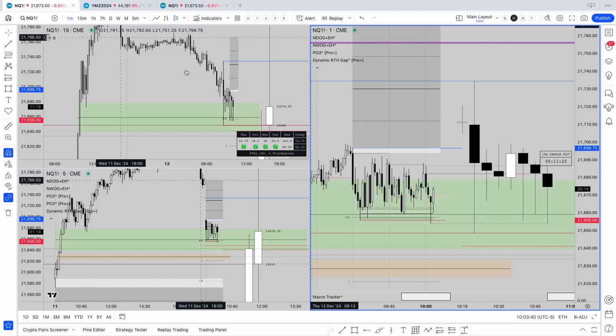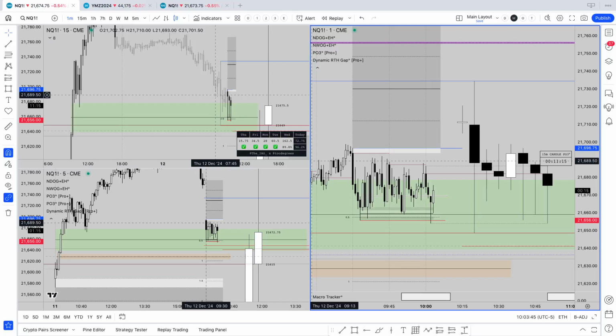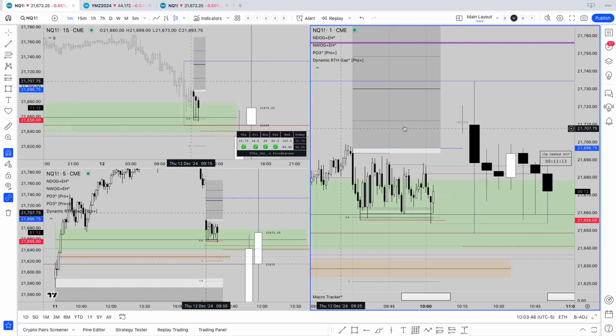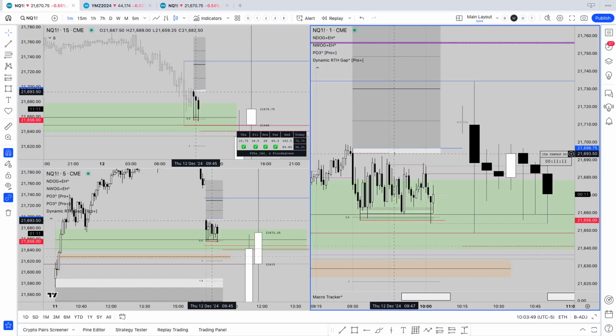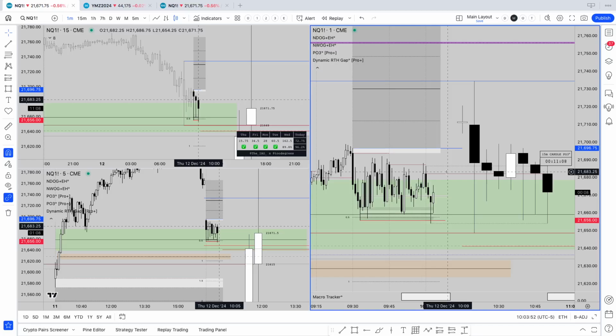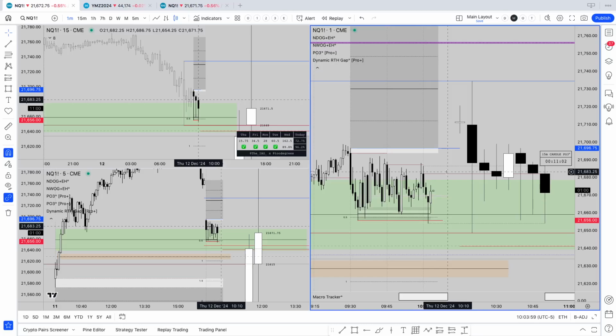For me, time distortion is when the market is not allowed to move and generates a consolidation. So it's basically almost the same thing for me. ICT maybe has different ways to explain that, but yeah.